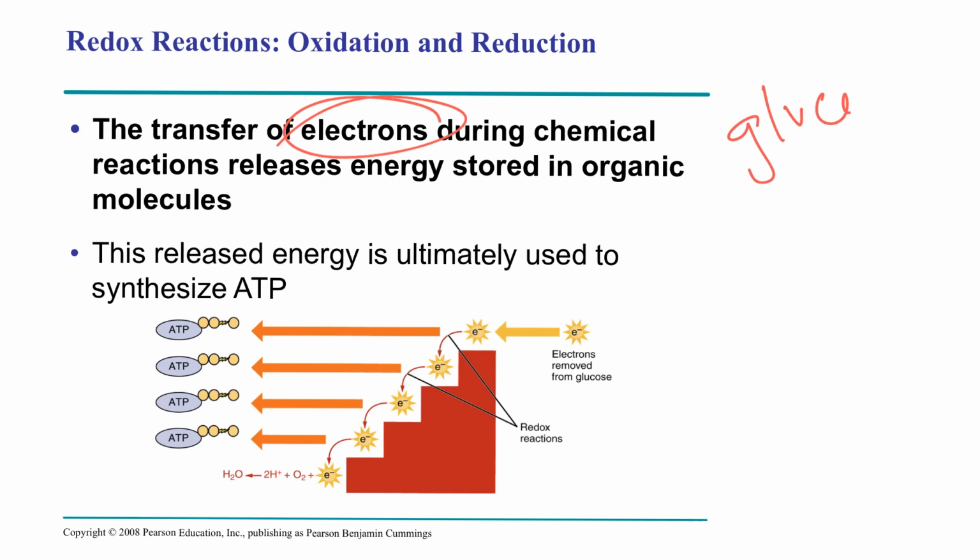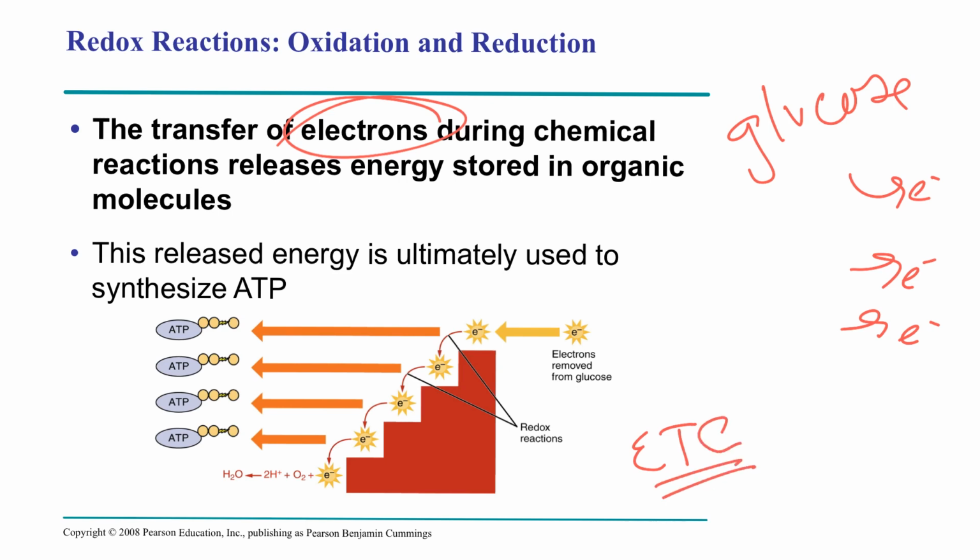I've got a bunch of electrons in the carbon to hydrogen bonds of the glucose molecule. I'm going to basically strip off those electrons in a bunch of different chemical reactions. And it's not until the final act of cellular respiration in the electron transport chain that I'm going to see the fruits of my labor.